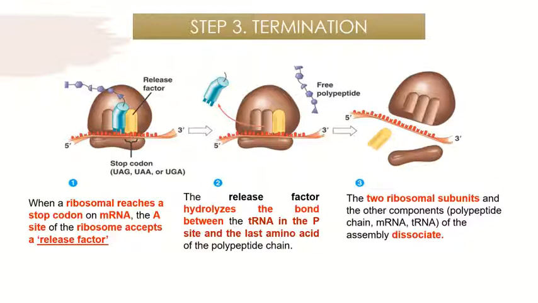When the release factor comes, it will hydrolyze the bond between the tRNA in the P site and the last amino acid of the polypeptide chain. So the two ribosomal subunits and the other components of the assembly, which are the polypeptide chain, mRNA and tRNA, will dissociate.